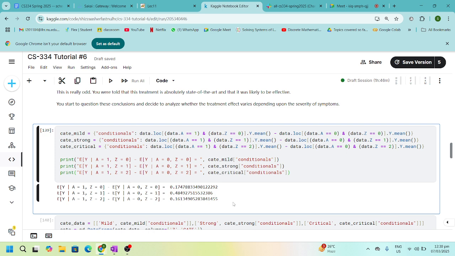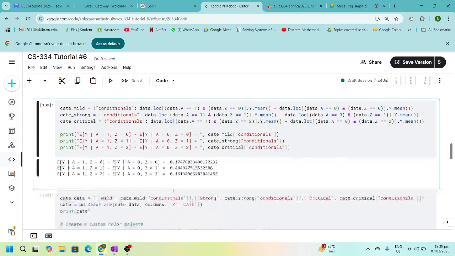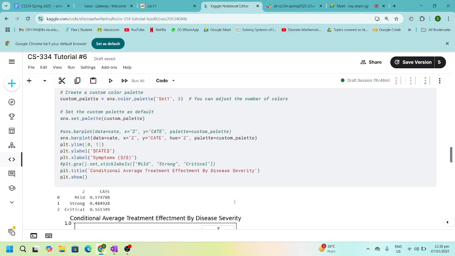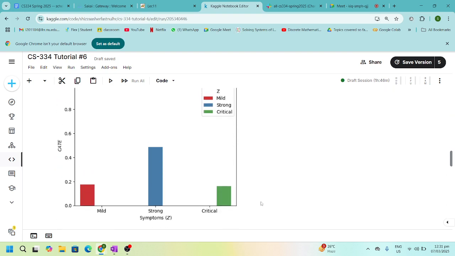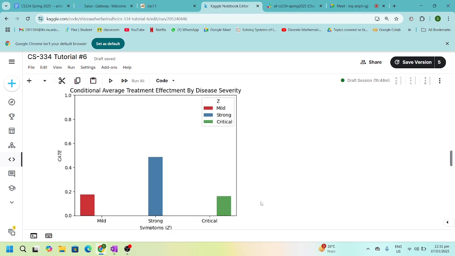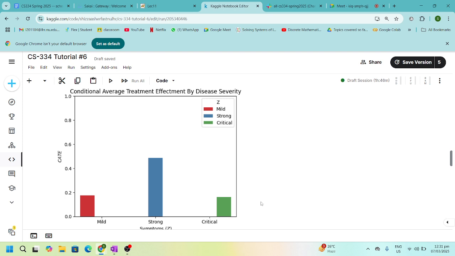Basically, it's still the difference in means, but this is conditioned on the category. Now I know it for each category of symptoms. And when you look at these values, I'm going to show you a graph of these values as well. This is what we have obtained. What can we conclude from this given graph? I will give you guys a few seconds to process and think about this.